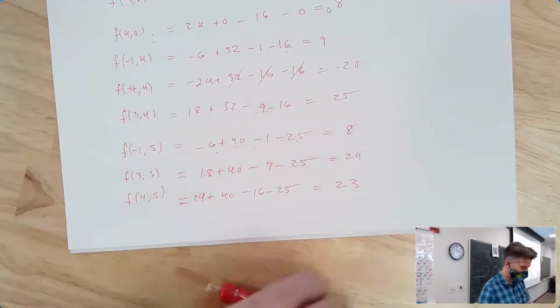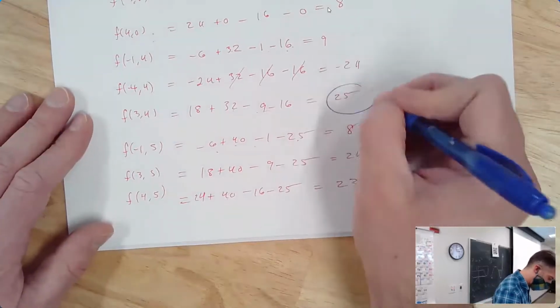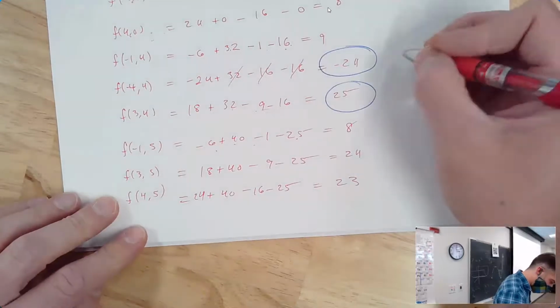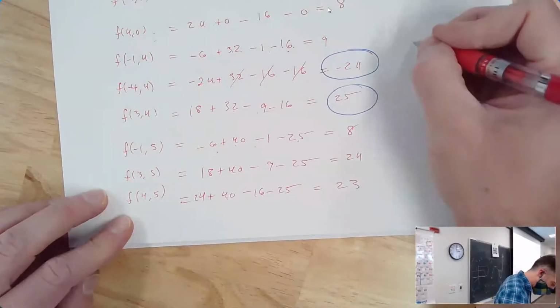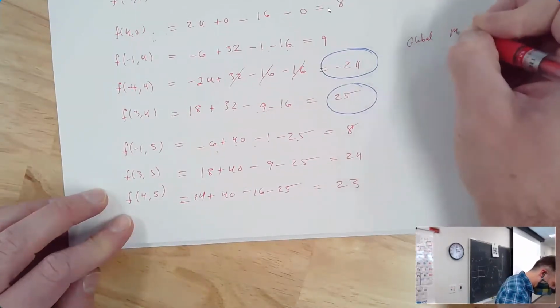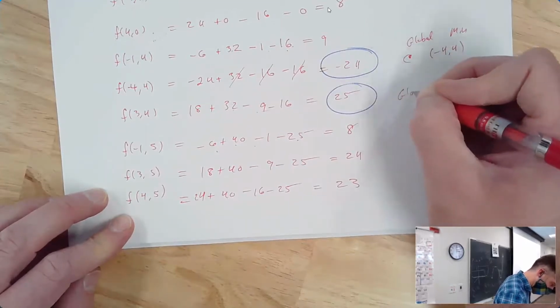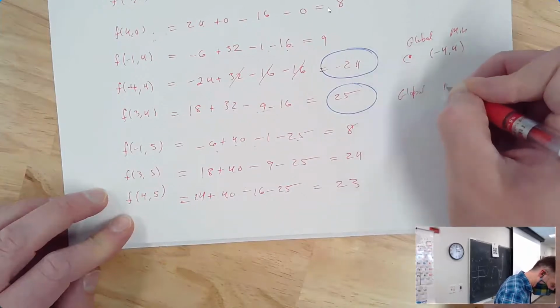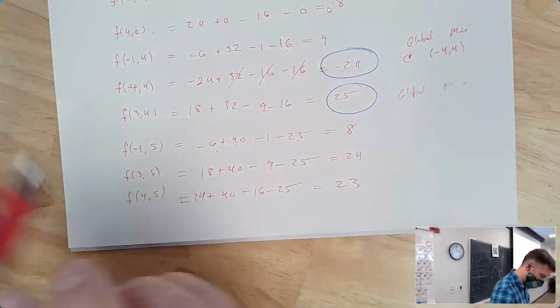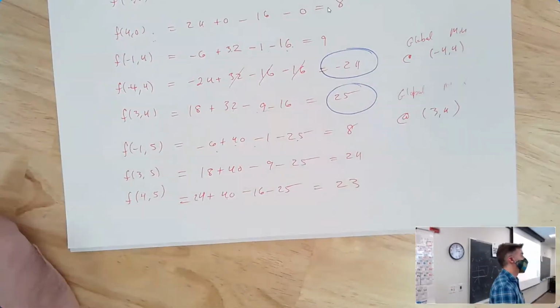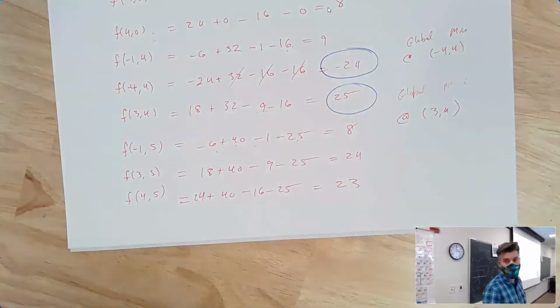Woo! All right, so then that's the biggest, that's the smallest. So we have a global minimum at -4, 4. We have a global maximum at 3, 4.